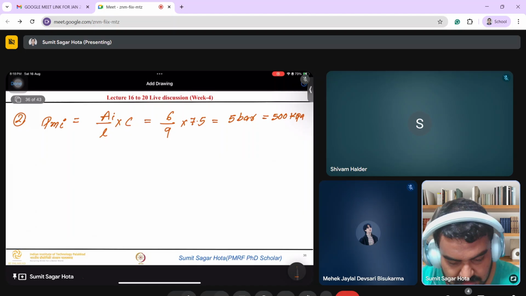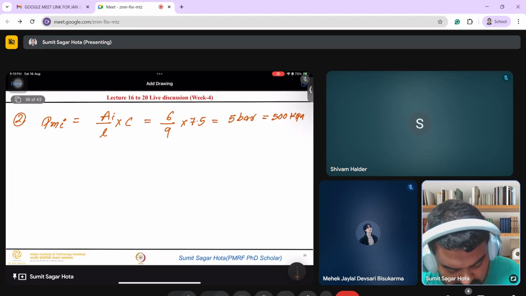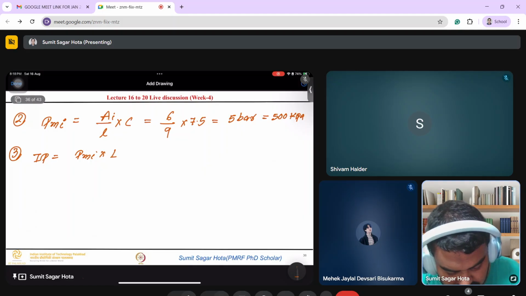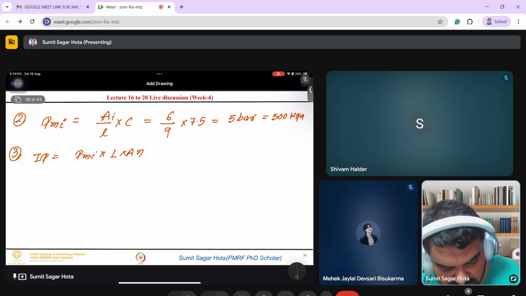So let's go to the next one, which is the indicated power. Indicated power is equal to mean effective pressure into length of the stroke, area of the cylinder, number of rotations, and number of cylinders, divided by 60.